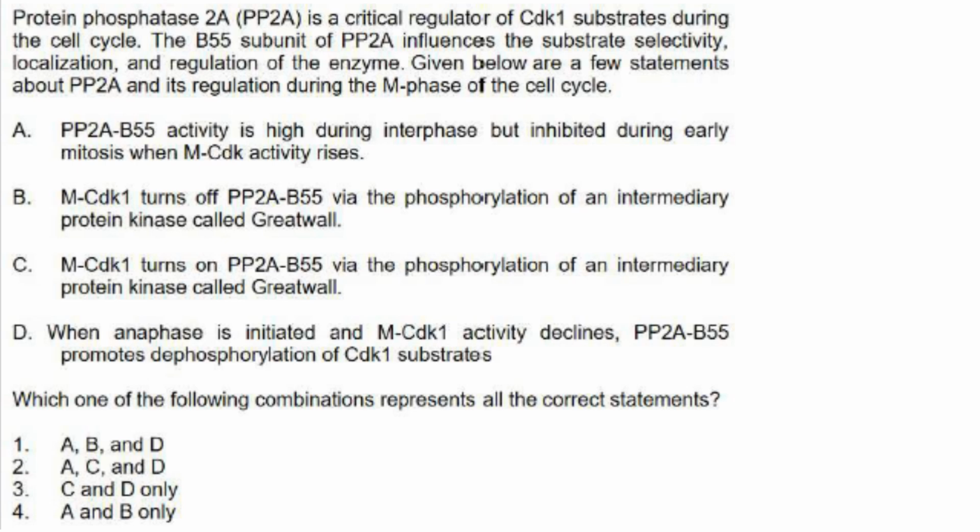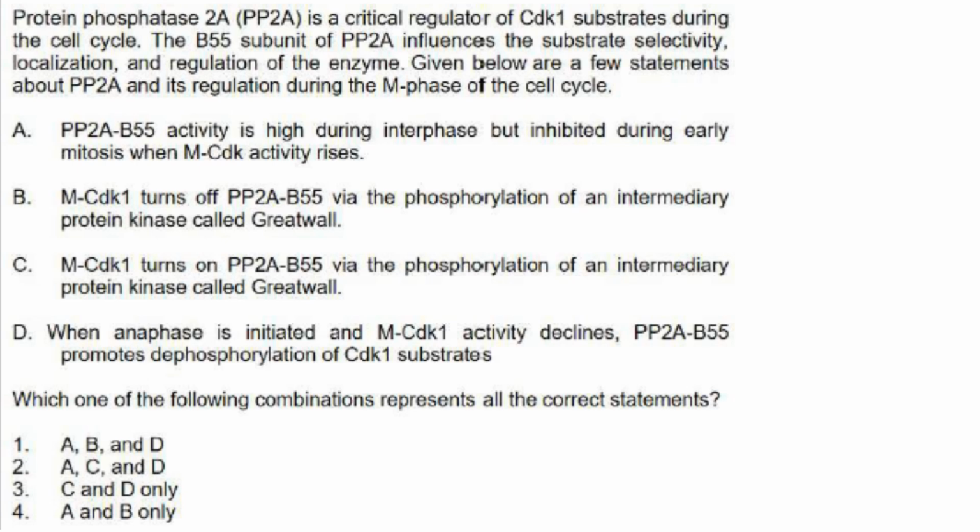Then next one. Protein phosphatase 2A, PP2A, is a critical regulator of CDK1 substrates during the cell cycle. The B55 subunit of PP2A influences the substrate selectivity, localization and regulation of the enzyme. Given below are a few statements about PP2A and its regulation during the M phase of the cell cycle.